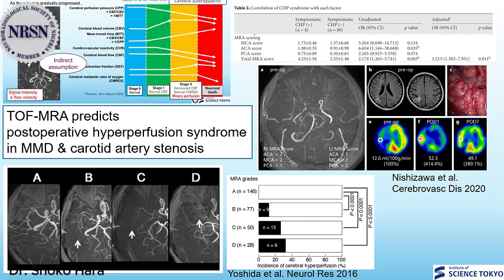Again, time-of-flight MRA is not the direct measurement of hemodynamic status and cannot fully replace standard hemodynamic modalities. However, it remains useful for identifying patients who may require additional hemodynamic evaluation, especially when access to dedicated hemodynamic studies is limited.